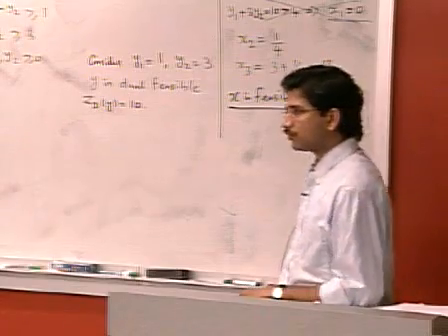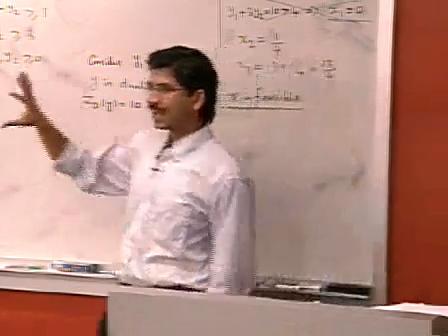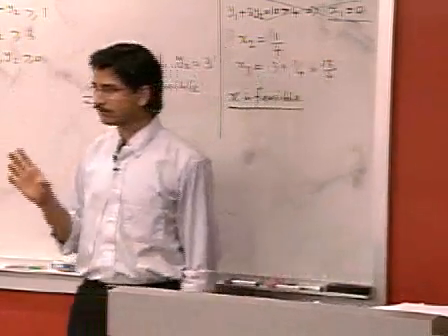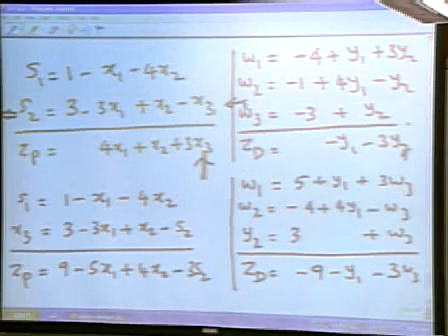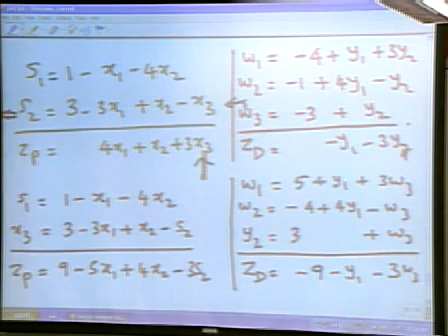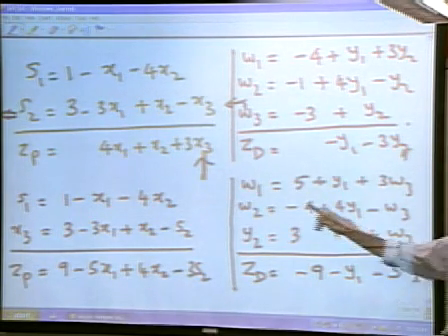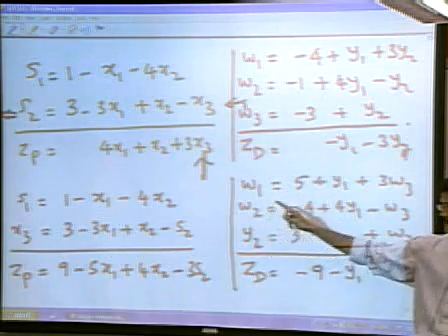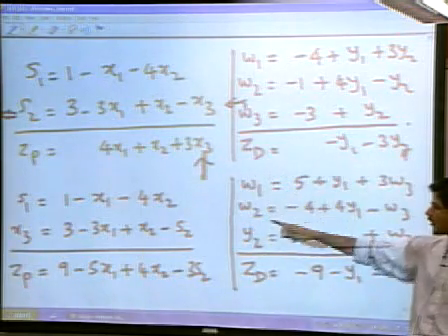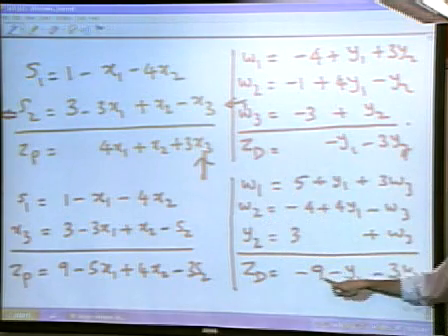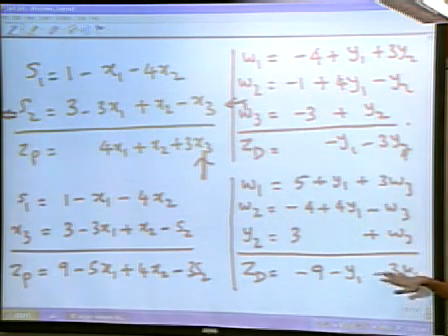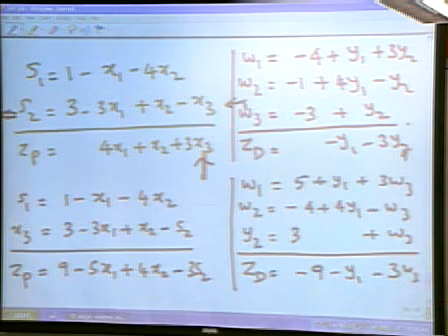Now observe that the same relationship that held between the red and the green dictionaries holds between these two dictionaries. For instance, if I look at the first column, the one involving just the constants, I have 1, 3, and 9. Here I have minus 9, minus 1, minus 3. And likewise for any other row or column.